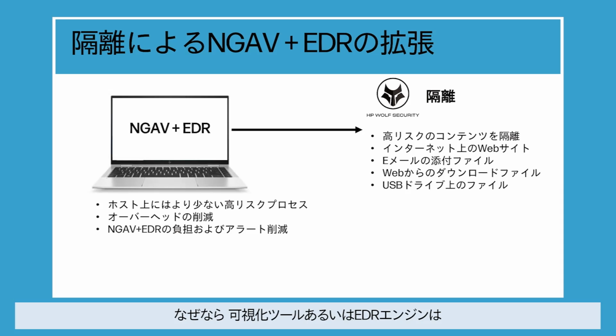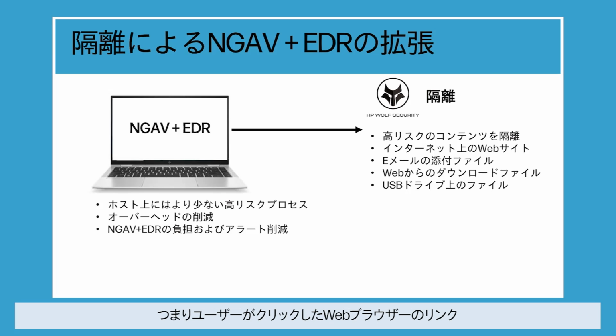Because back to that visibility tool or the EDR engine needing to monitor all the executables and all the processes running on your PC to try to figure out if something abnormal is taking place and hopefully alert you to it before damage is done.